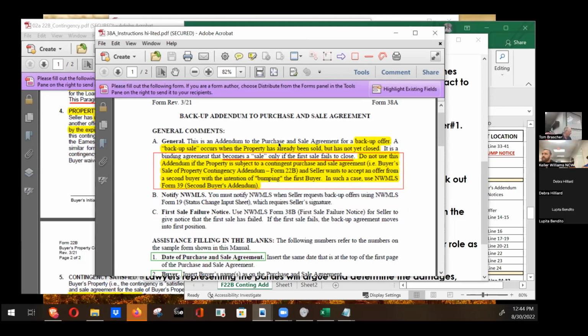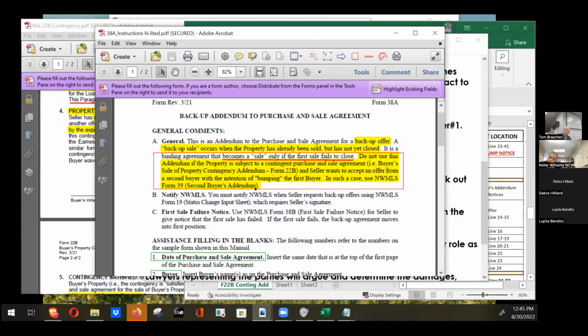But you would have somebody who thought they were bumping someone, but in fact, they're just sitting in second position. It is a binding agreement that becomes a sale only if the first sale fails to close. But do not use this addendum if the property is subject to the contingent purchase and sale, i.e. buyer's sale of property contingent addendum 22B. The seller wants to accept an offer from a second buyer with the intention of bumping the first buyer.